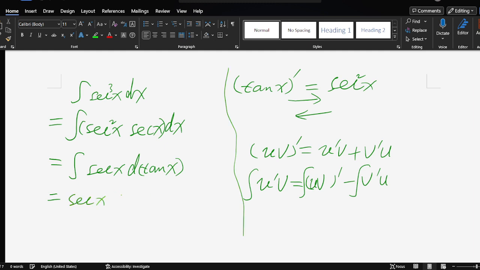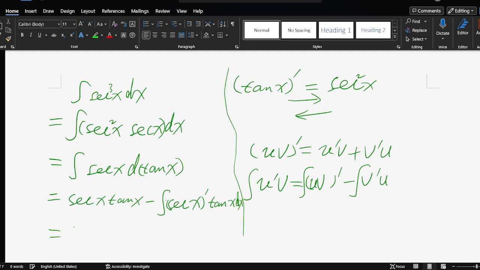Secant x times tangent x minus integral secant x, take derivative, then times tangent x dx.